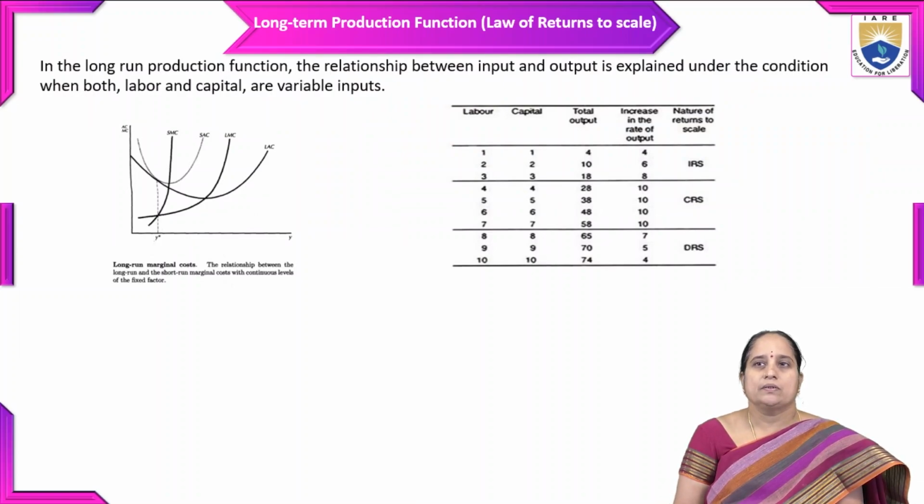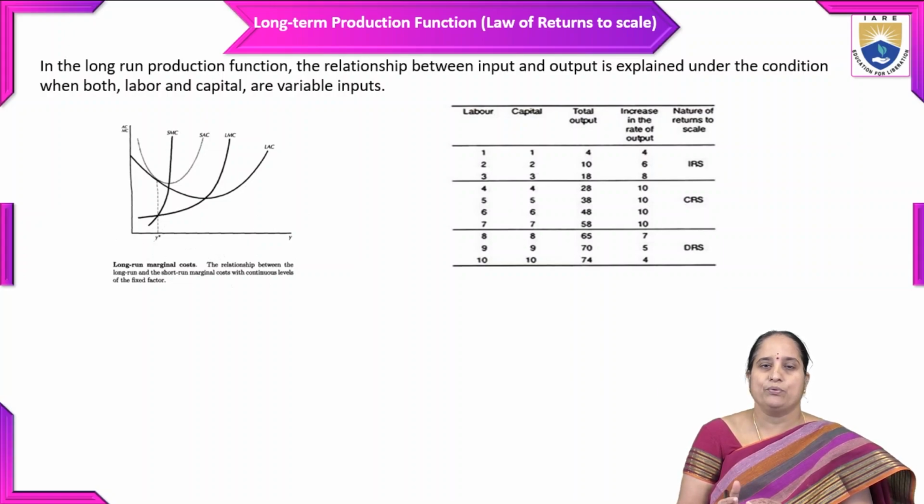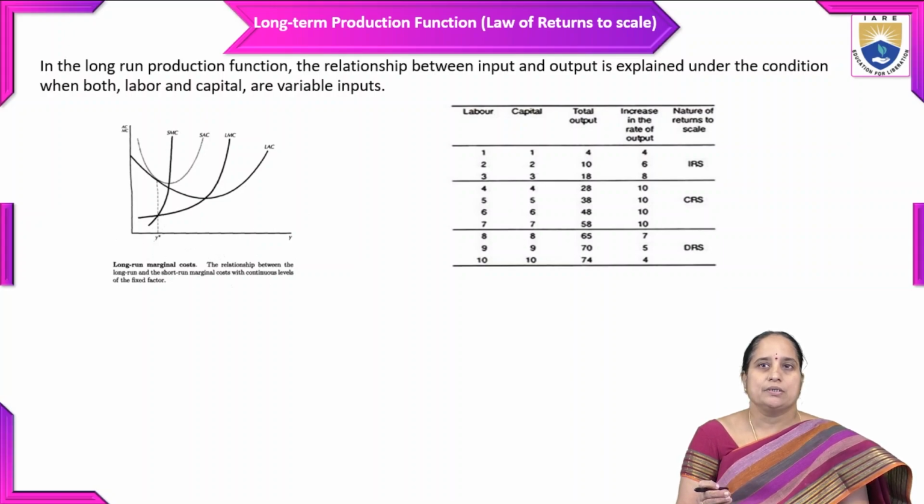Then comes the long-term production function, which is also known as the law of returns to scale. In the long-run production function, the relationship between input and output is explained under the condition when both labor and capital are variable inputs. They are not fixed. Continuously we change both the variables.